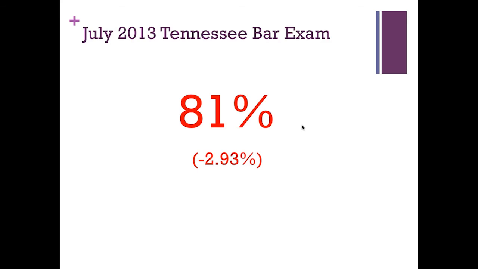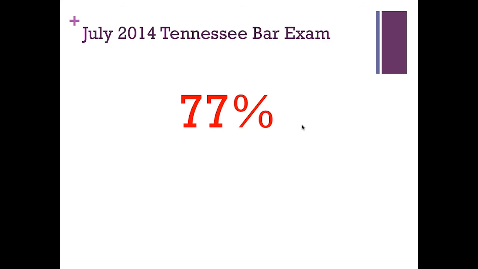Our second large class, July 2014, we dropped a few percentage points, but as many of y'all know, the first-time bar passage rates across the country fell dramatically and significantly for July 14.